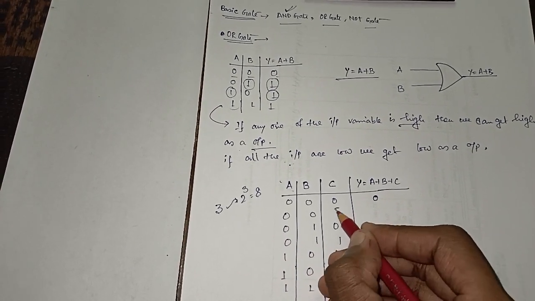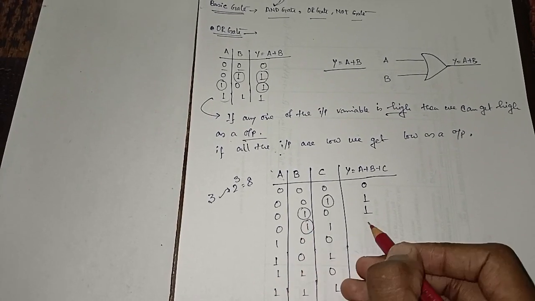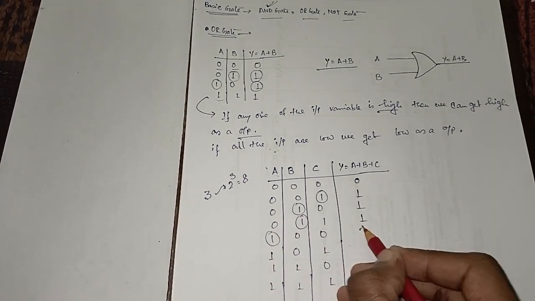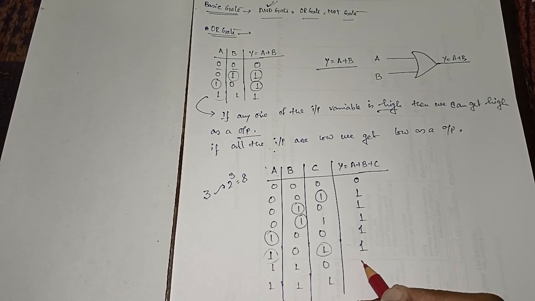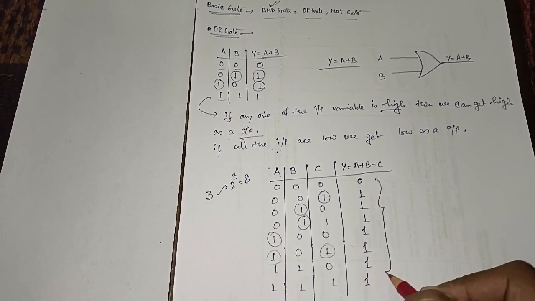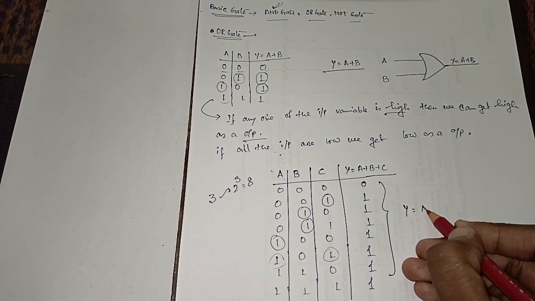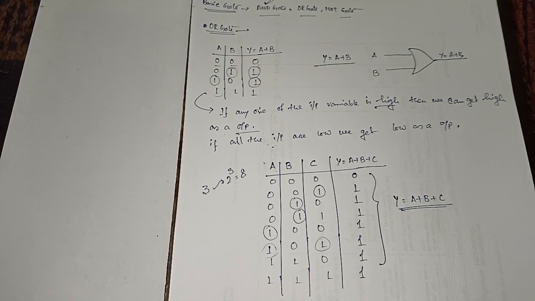When all the inputs are high, the output is high. So this is the truth table of the three-input OR gate.